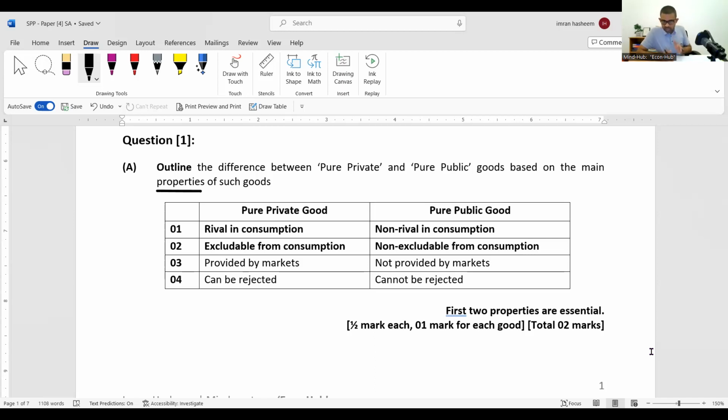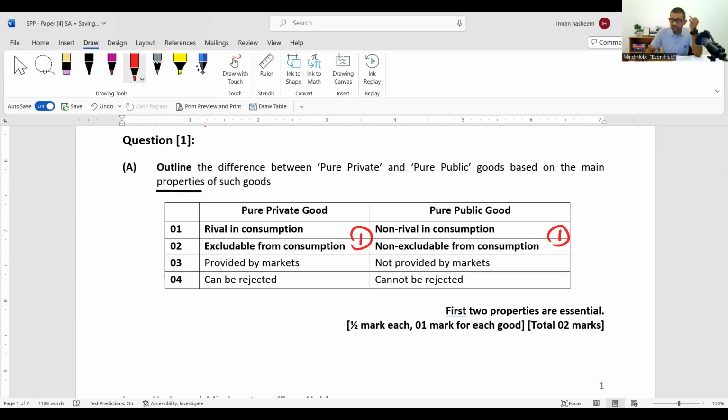But if this was the exam, the 2 marks will be allocated basically as long as you have these 2 points here, you will get 1 mark, and you will get 1 mark here if these 2 points are correct.